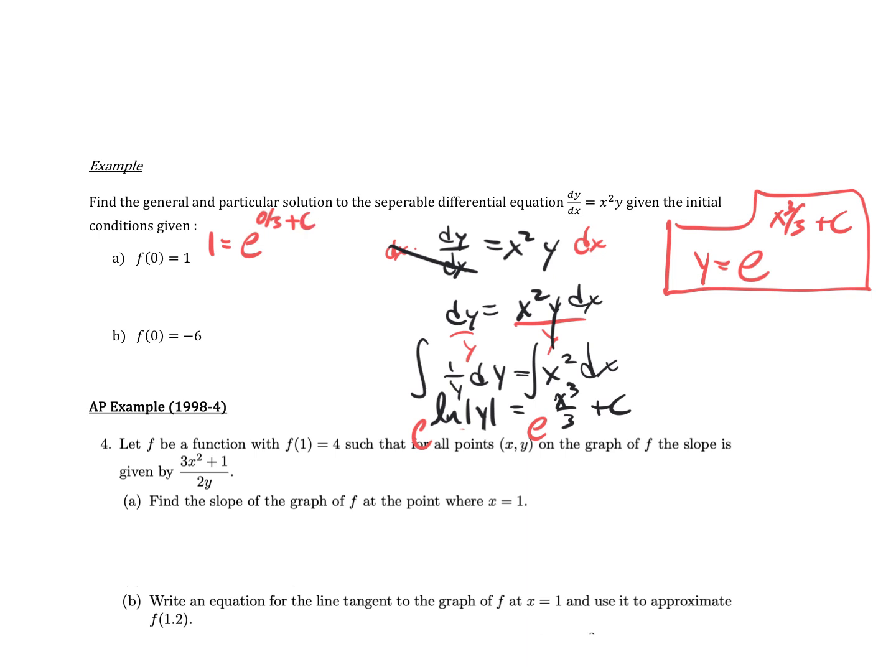Well, this is e to the 0 plus c, which is just e to the c. If we take the natural log of both sides, we have the natural log of 1 equals, and the natural log of e to the c is c. What is the natural log of 1? The natural log of 1 is 0. So this tells us that c is 0.